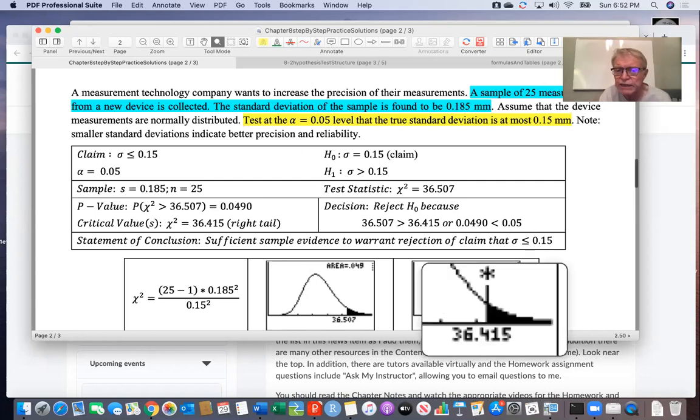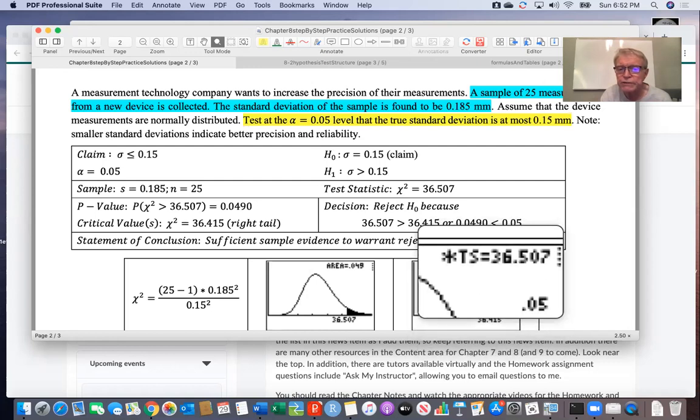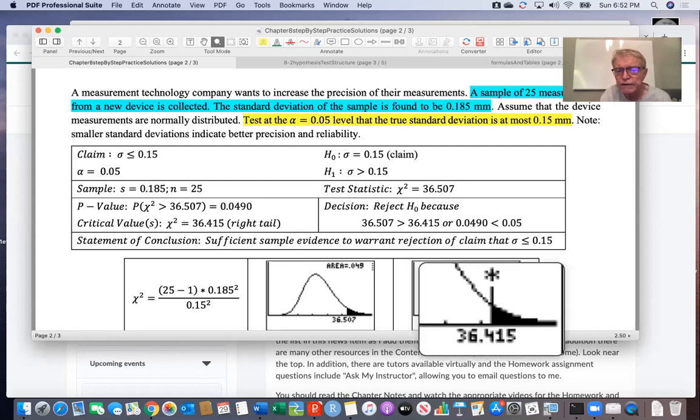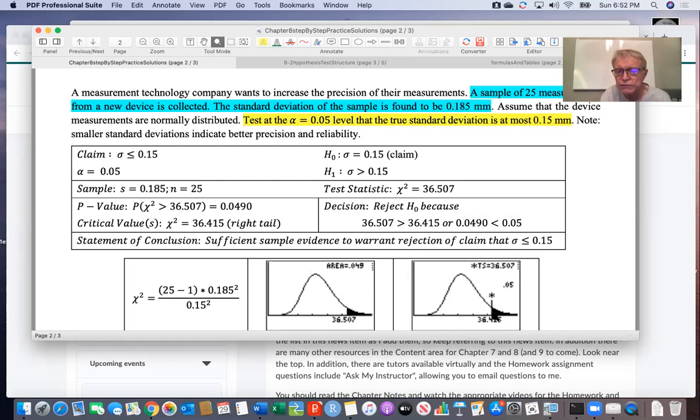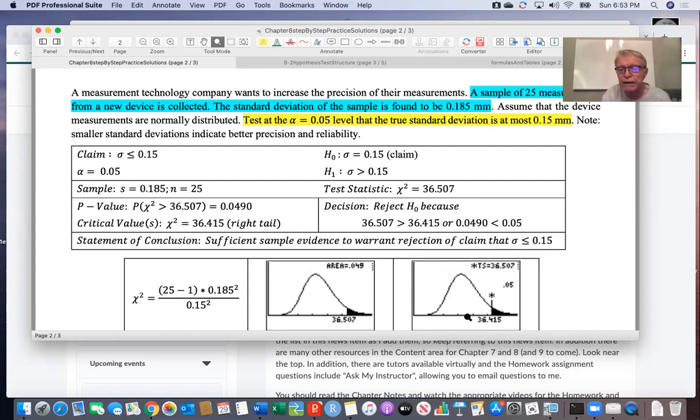And it's hard to see here, but the test statistic that we found was 36.507, and 36.507 is going to be just to the right of 36.415. It's bigger than 36.415 on the right side. Therefore, it's farther away from the mean than the critical value. And therefore, our test statistic is going to be unlikely to occur under the assumption.